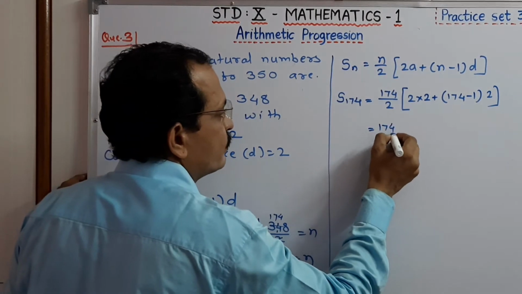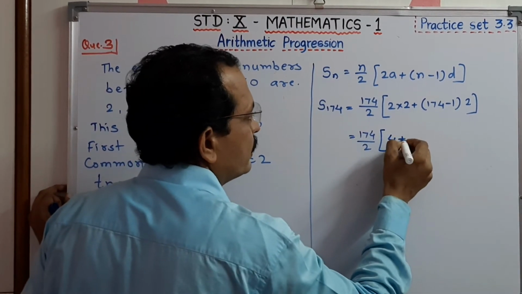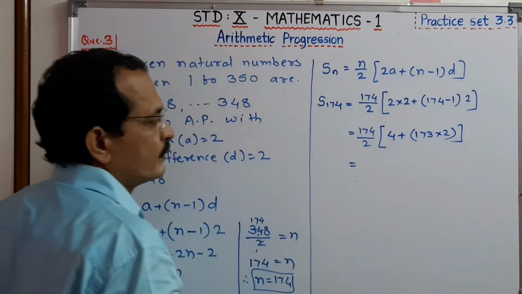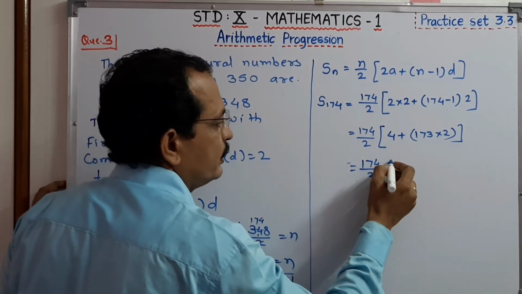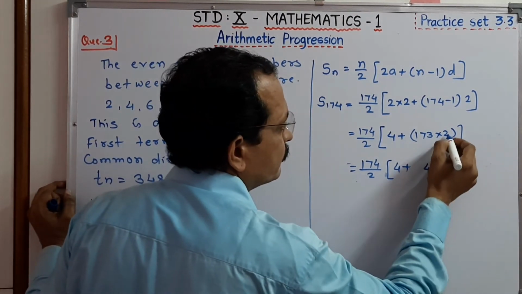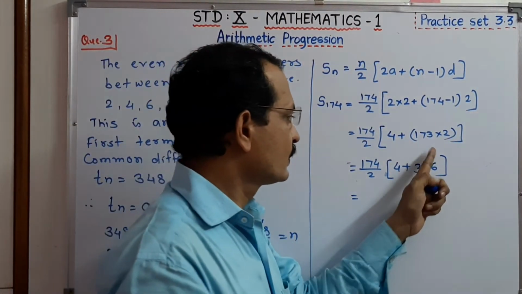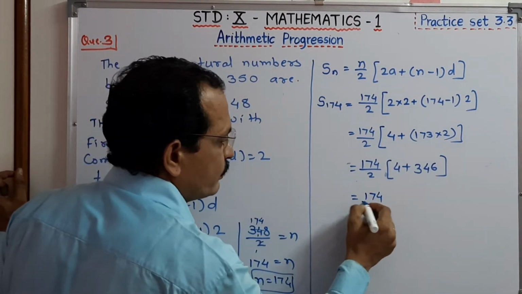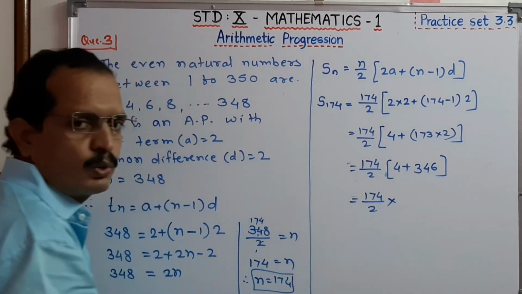Simplify this: 174 upon 2 into 4 plus 173 into 2, that is 174 upon 2 into 346 plus 4.